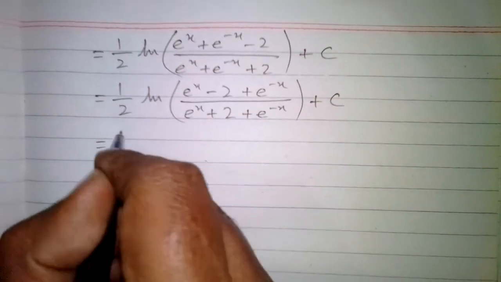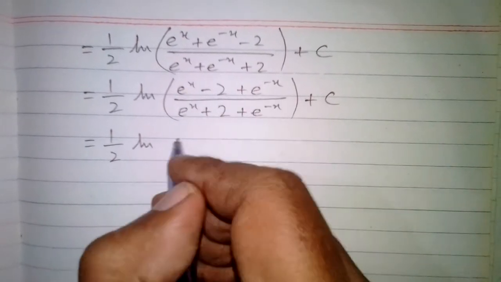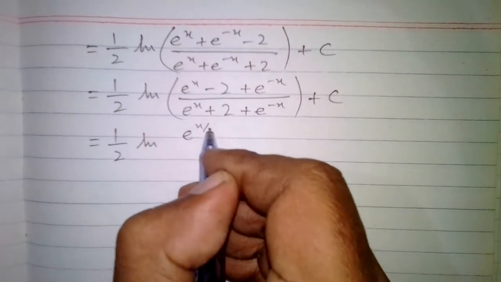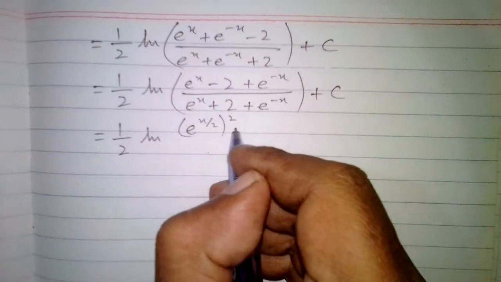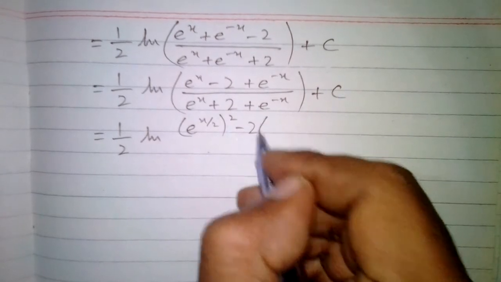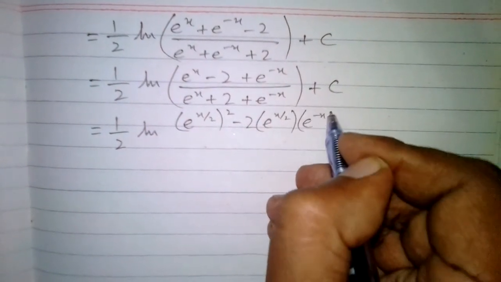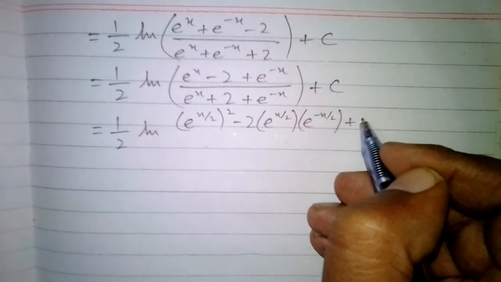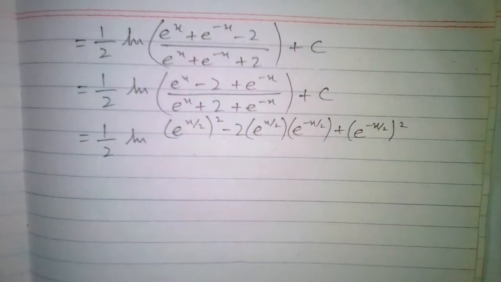Now we can write half of ln of e to the power x as e to the power x upon 2 raised to the power 2 minus 2 times e to the power x upon 2 times e to the power minus x upon 2 plus e to the power minus x upon 2 raised to the power 2.